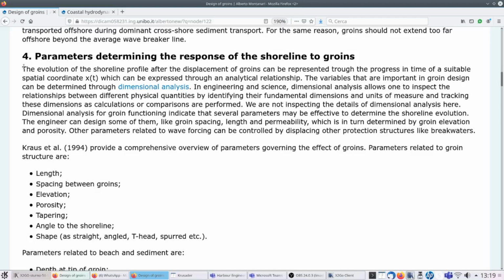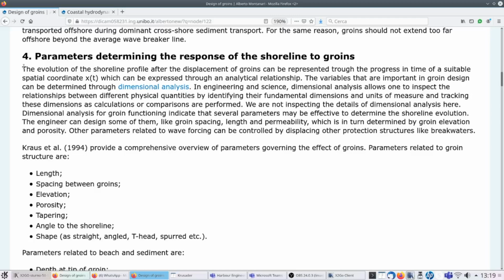If permeability is 0.5, it means that 50% of the area of the groin is open, and it means that you can assume as a first approximation that only half of the long-shore sediment transport is stopped. So by including in our model these constraints, we can get a refined assessment of the beach evolution after putting there the groins.